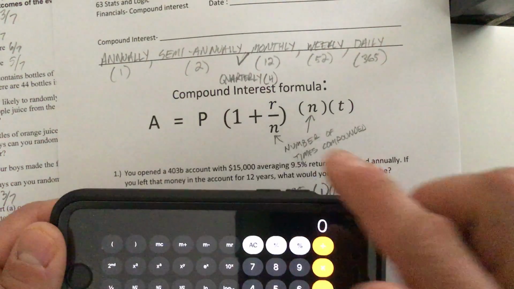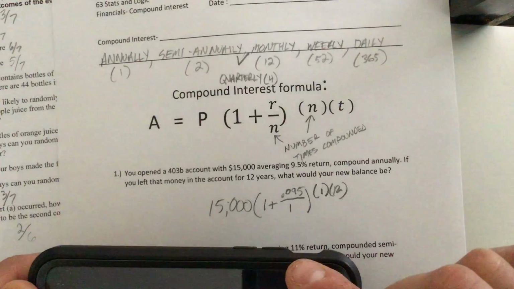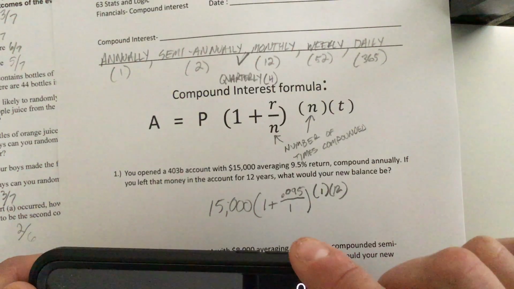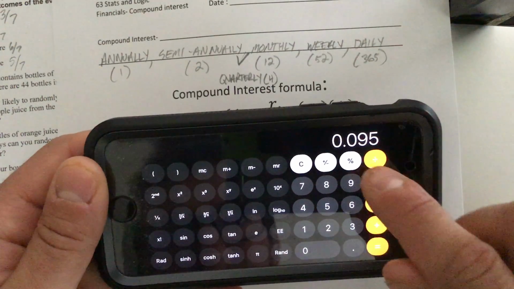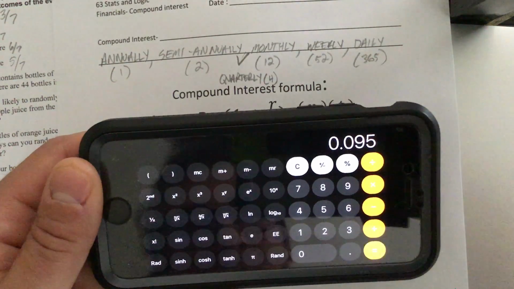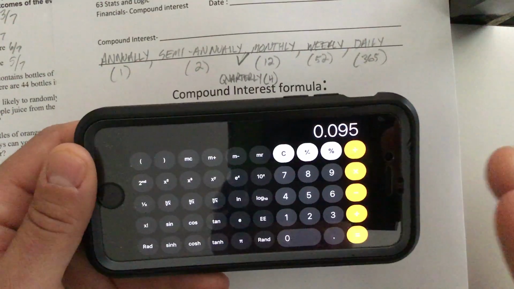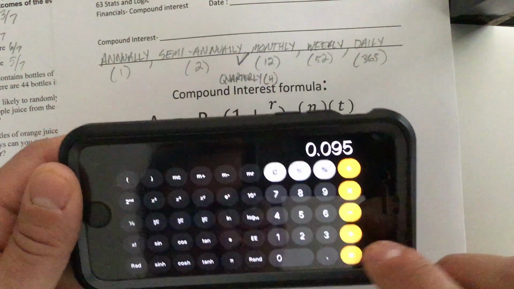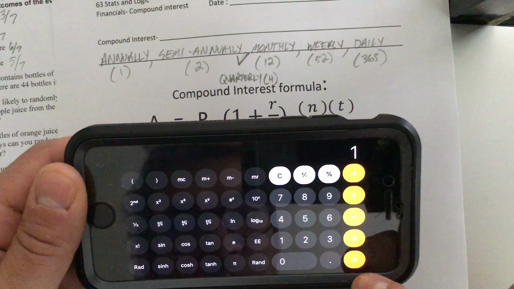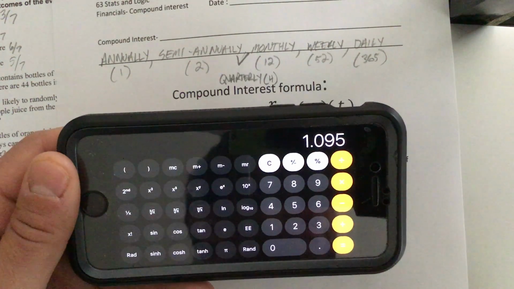We're actually going to start with the rate divided by the number of times compounded. So 0.095 divided by 1. Now I know you're going to say, mister, you knew that was going to... I agree. Okay. So that's our rate divided by the number of times compounded plus 1 equals. Okay.